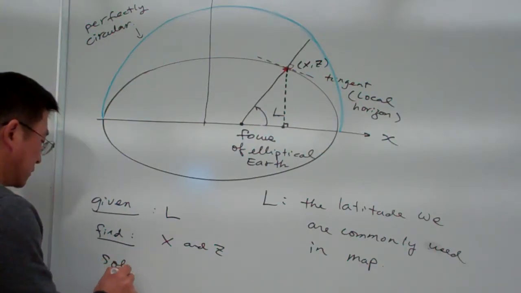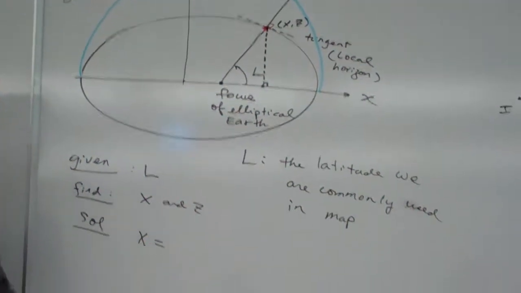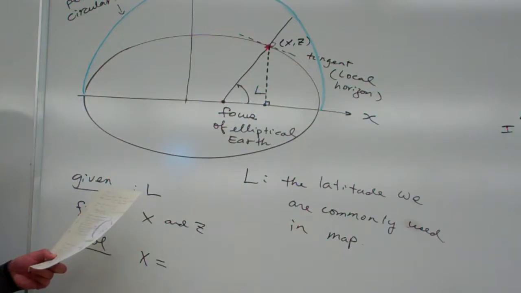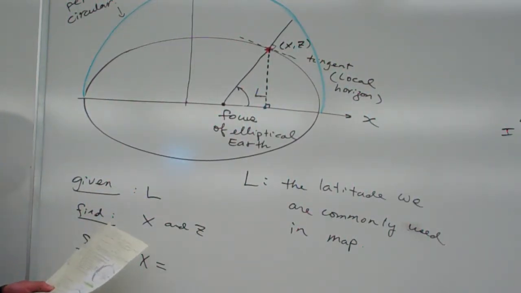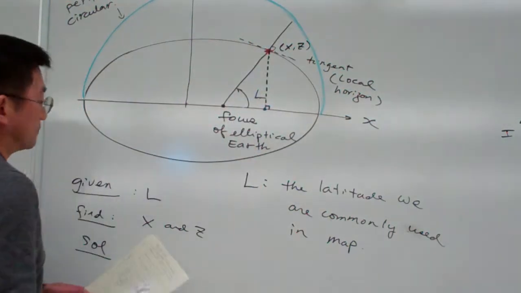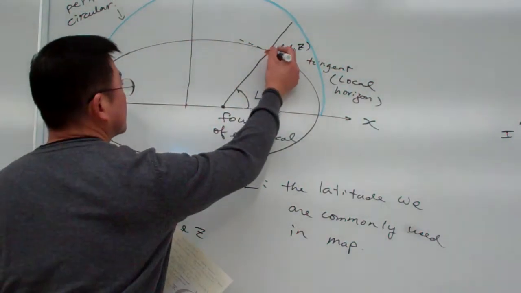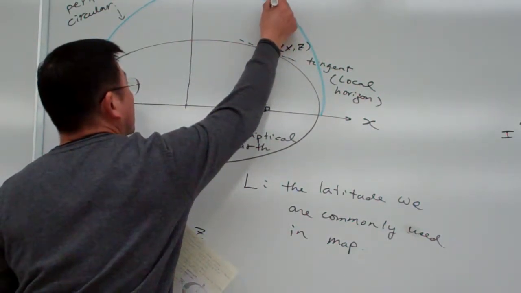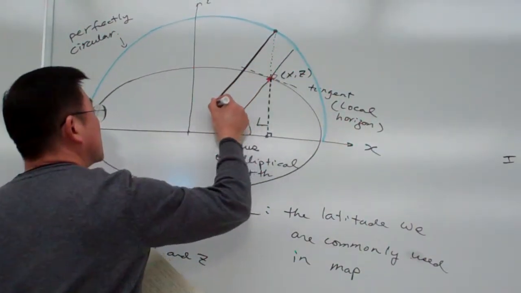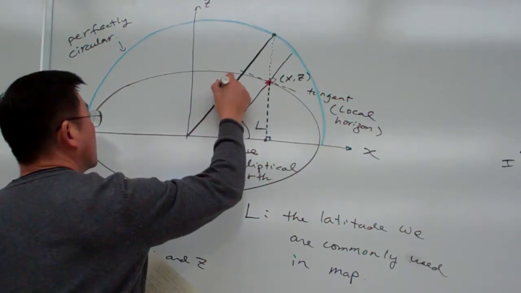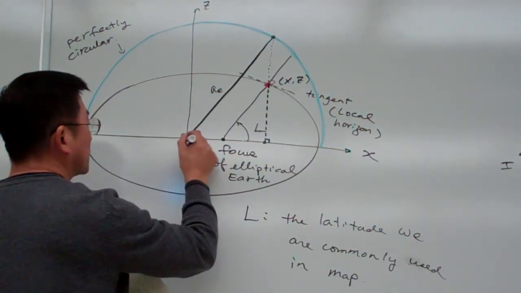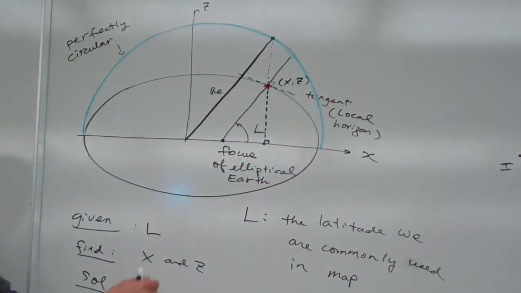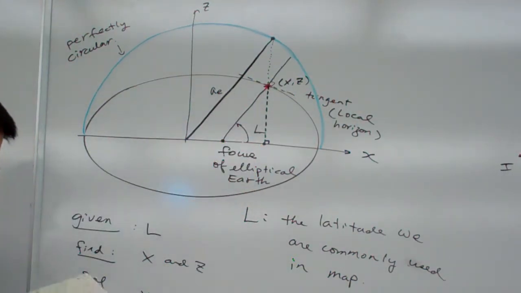From here we can see pretty easily that X is simply equal to the cosine of this distance, and let me put an extension of that one to here. This is our radius AE. So AE is equal to the radius of this and also equal to this.